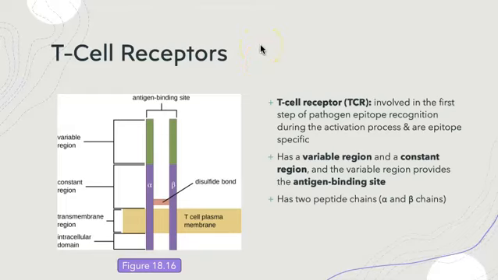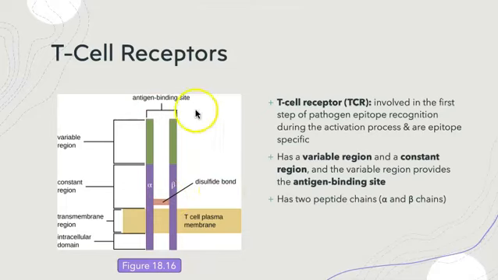And they are also going to have an antigen binding site that is epitope specific. This area is going to be the variable region that contains that. And then we also have a constant region here that is bound together with a disulfide bond.